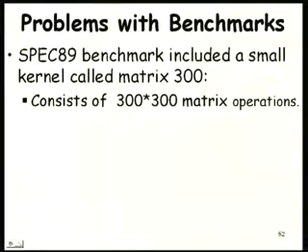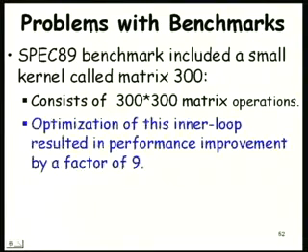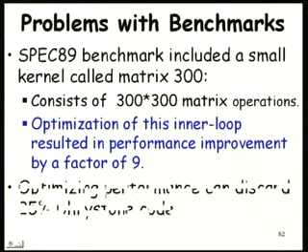It included a small kernel called matrix 300, a small part of the code executed as the inner loop, which consists of a 300 by 300 matrix operation. That is carried out many times, and by optimizing the inner loop, somebody can improve the performance by a factor of 9. Just see, by writing the compiler carefully and targeting that inner loop, somebody can improve the performance by a factor of 9.